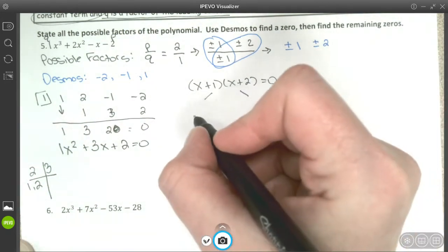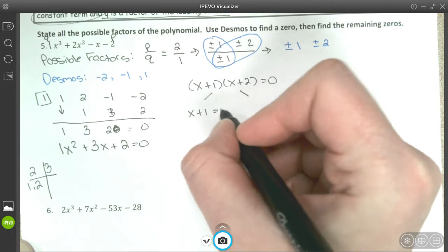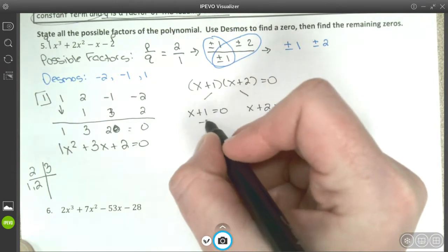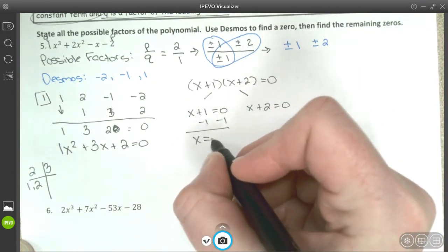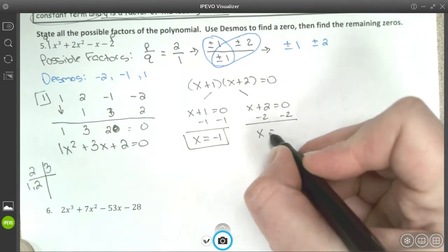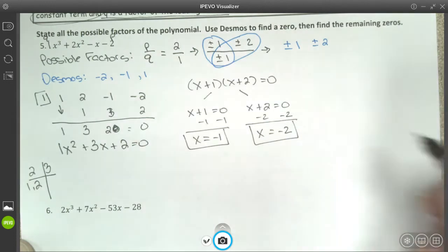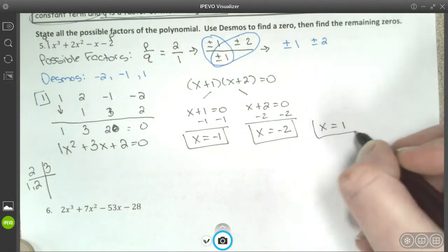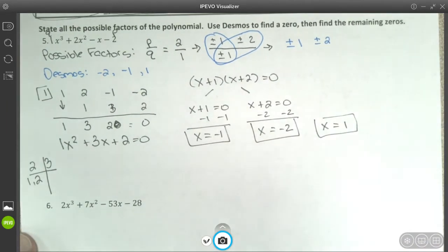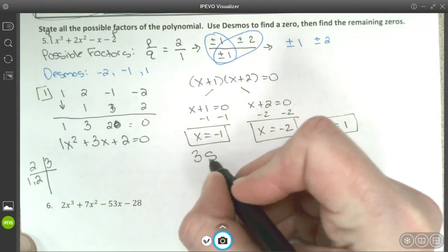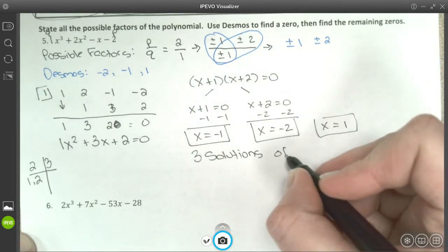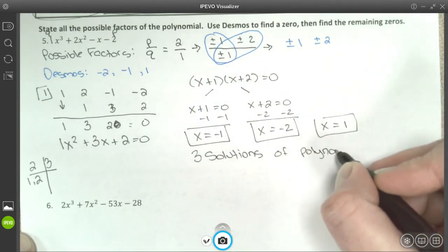I'm going to apply my zero product property and write two equations set equal to 0 so that I can finish solving them. Subtract the 1 to the other side. So x equals -1. Subtract the 2 to the other side. And x equals -2. And then I also know that x equals 1 from when I did synthetic division the first time. So these are my three solutions of the polynomial.